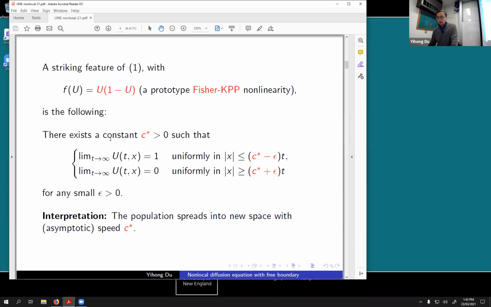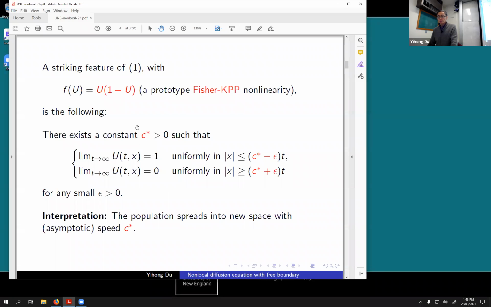And their finding, the most striking fact they proved, is the following. That's why this model becomes useful for describing spreading phenomena.